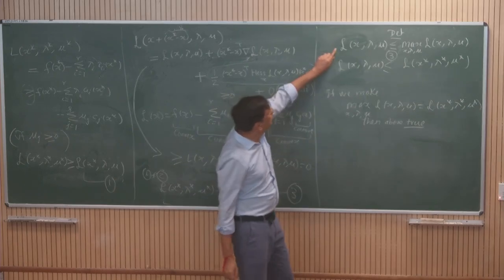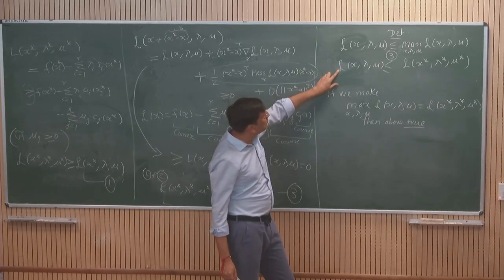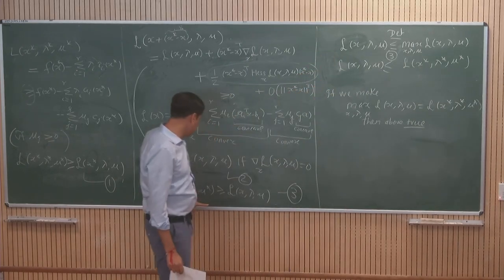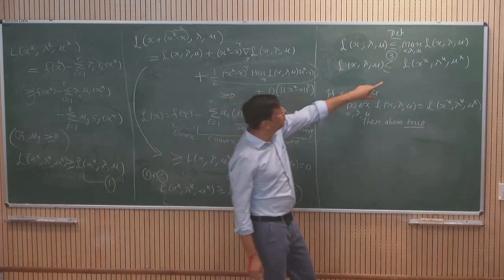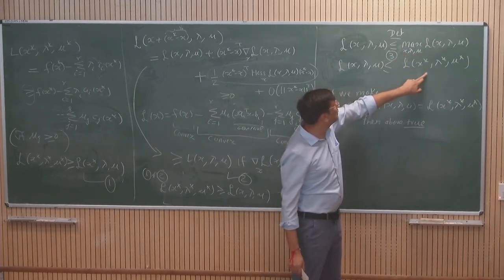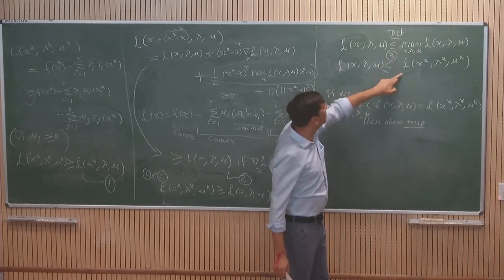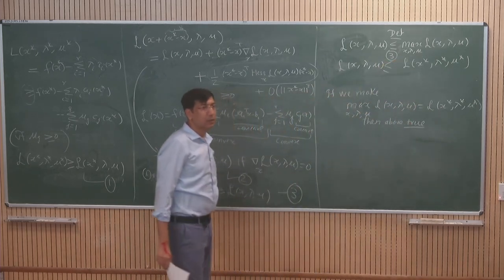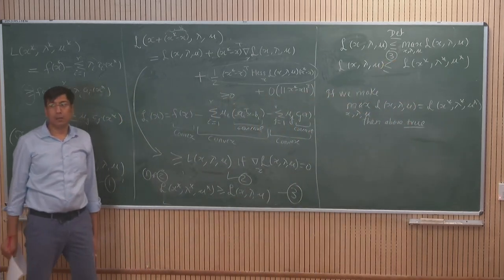So we already know that L is less than its maximum value, and we also proved that L of x, lambda, mu is bounded by L of x star, lambda star, mu star. So if I make this equal to this, then we are satisfying this equation, right? Yes or no?